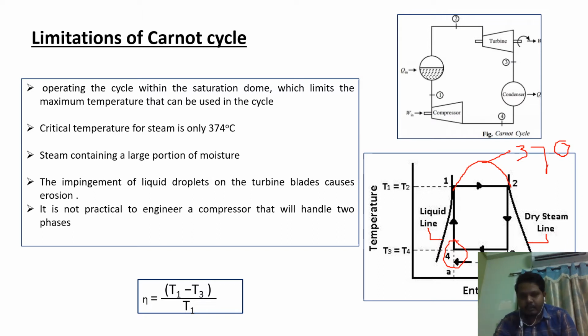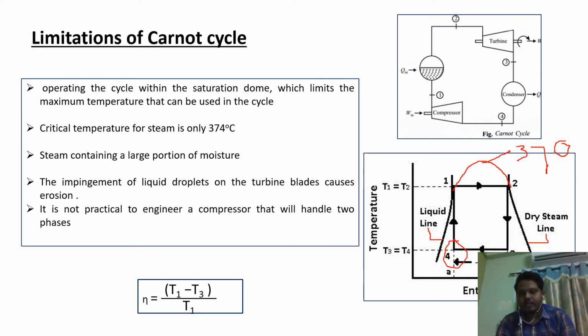But here point 4 is situated just below the liquid line, which means it is not pure liquid. It contains two phases, water and vapor. A water vapor mixture will be there at point 4. The problem is we don't have compressors to compress a water vapor mixture. Of course we can make such a compressor, but the efficiency will be low. So that is the limitation in the Carnot cycle.